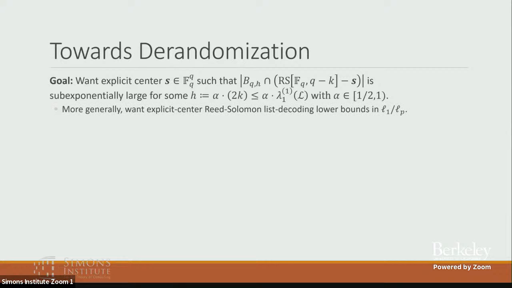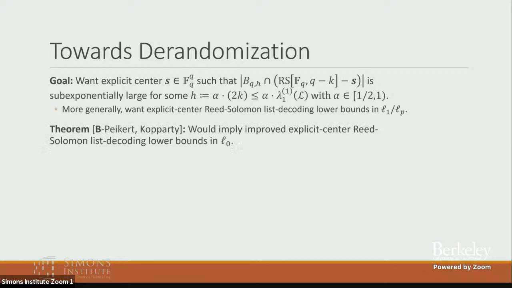Zooming out from everything I've said so far, you can think of this problem as being related to Reed-Solomon list decoding lower bounds, but not in the standard sense, but in terms of L1 or LP norms. Think of that as a problem in isolation. It's an interesting question.